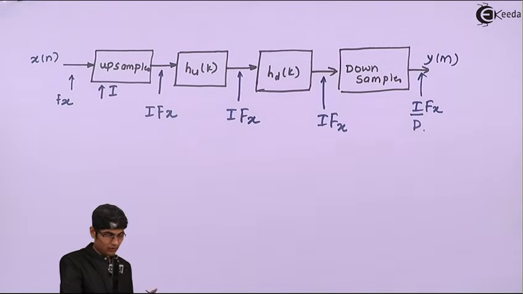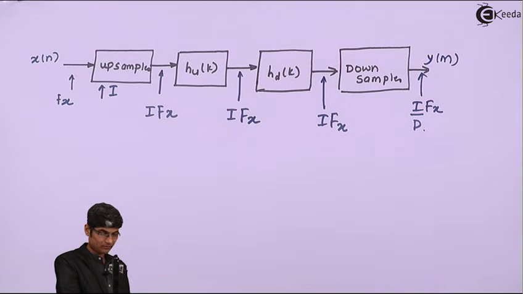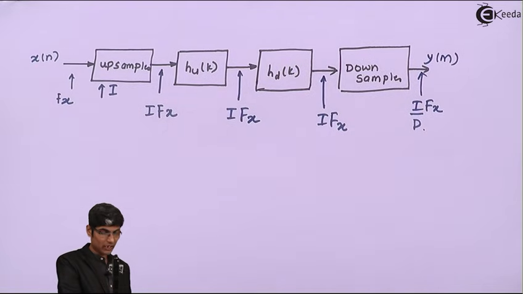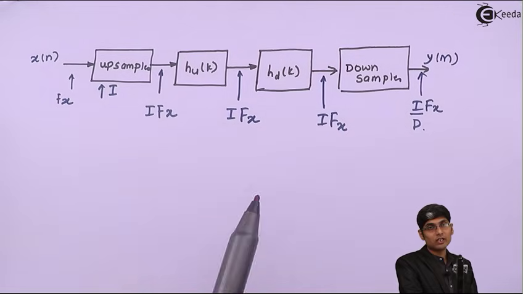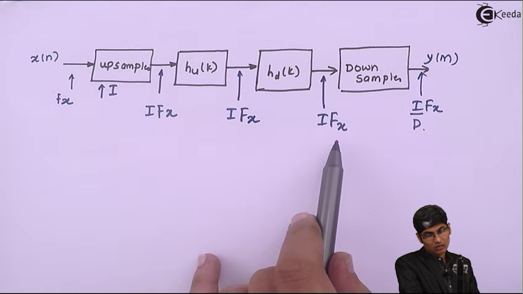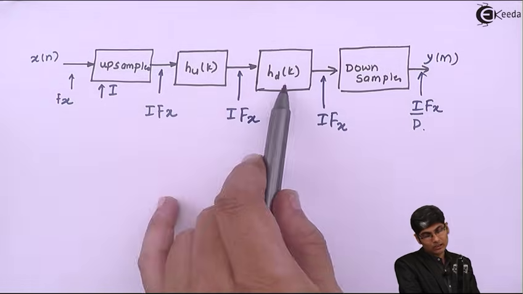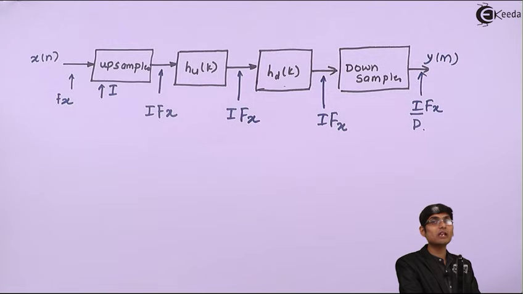Now what we can see here is that I have two filters, HU of k and HD of k. HU of k is associated with interpolation and HD of k is associated with decimation. Also, both the filters operate at the same sampling frequency, that is I fx.